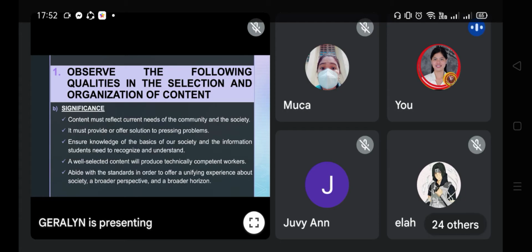The second principle that we need to remember is significance. We should ensure that the content reflects current needs of the community and the society. When we talk about significance, this is showing the importance. In other words, this refers to importance.